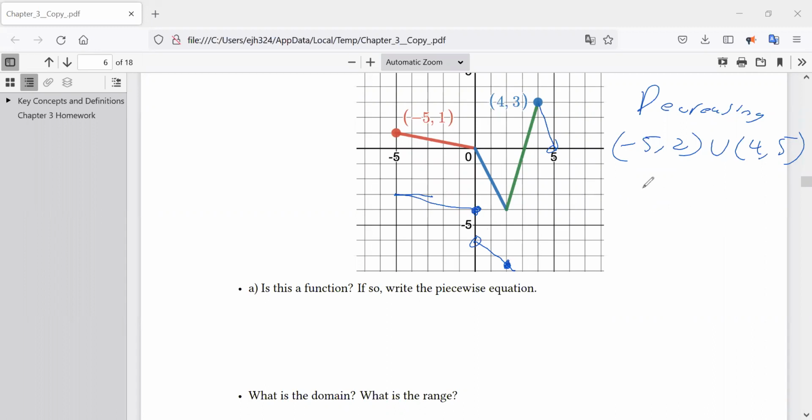Then I would say you should write this as -5 to 2 in the end. If you wanted to go through that intermediate step of unioning them, that makes sense. But because it's actually just decreasing on this whole interval, I would just write it like this, because it will be decreasing on that whole interval, and this is the simplest way of writing it. Does that make sense? Yeah, absolutely. Thank you. Cool.